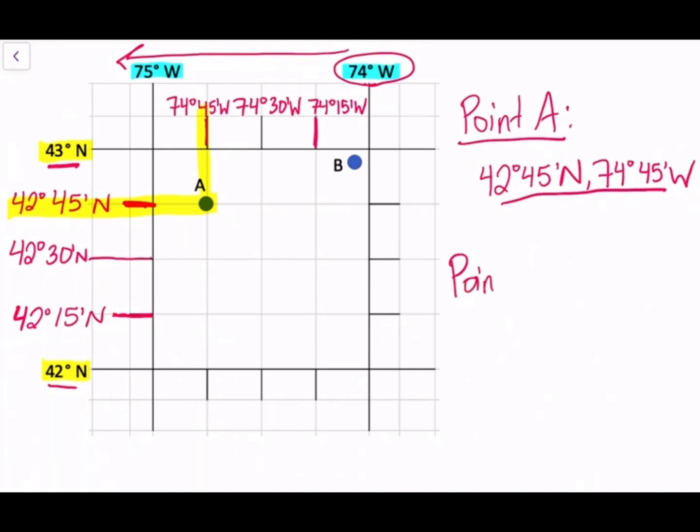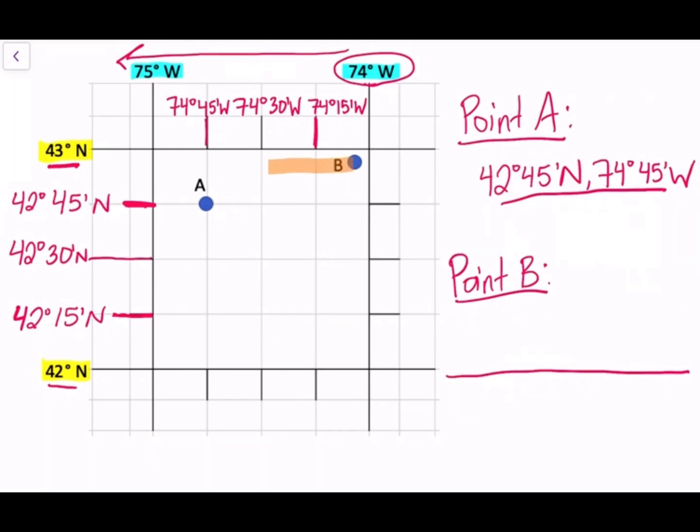Let's try for point B. Again, I have to write my latitude first, then my longitude. So, looking at point B, my latitude goes across. I'm going to use an orange highlighter here so we can see where I'm tracing.